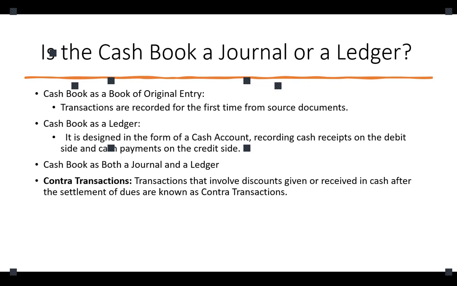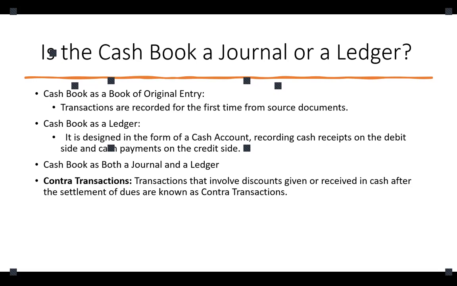Because whenever any transaction takes place, for example, you have made a cash transaction or you have paid some cash amount to Mr. X, at that time you have to record the amount in the cash book that you have made the payment. Cash book as a ledger. Yes, obviously, it is designed in the form of a cash account, recording cash receipts on the debit side and cash payments on the credit side.